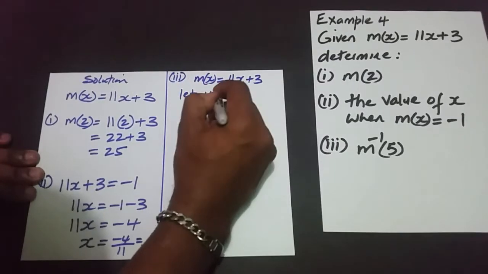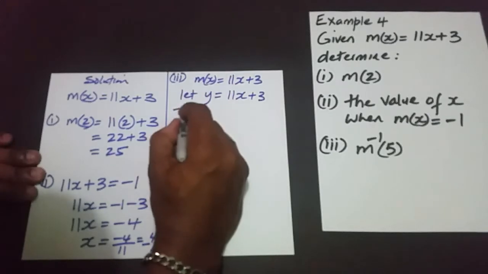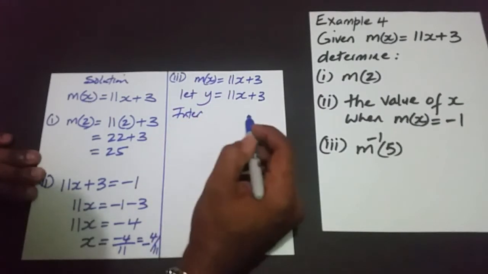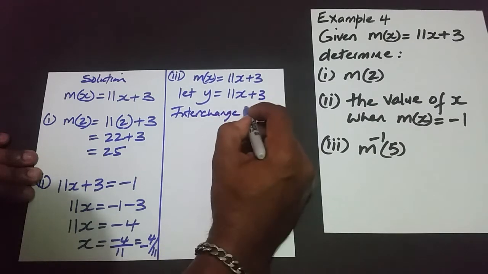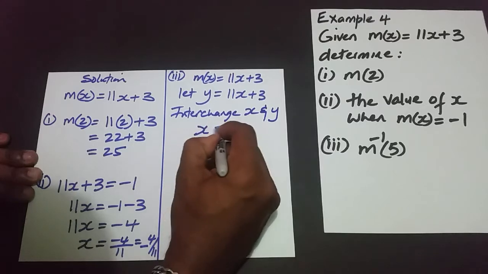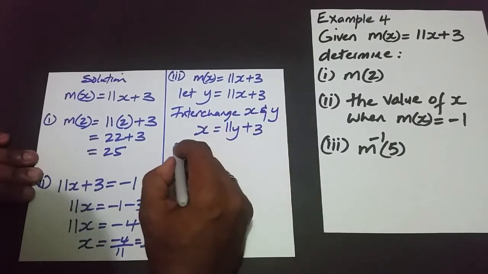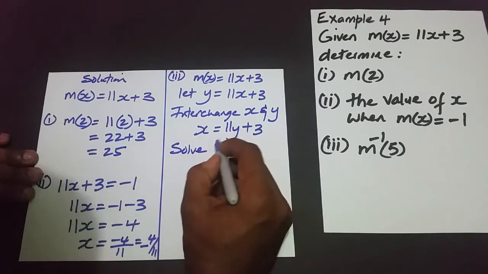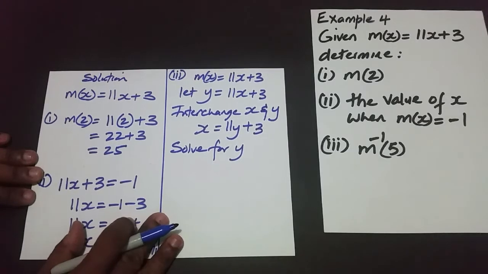Let y equal 11x plus 3, and then interchange. When you interchange x and y, it simply means switching their positions. So x comes here, we're going to have 11y plus 3. And then finally, we're going to solve for y, which means, again, make y the subject.